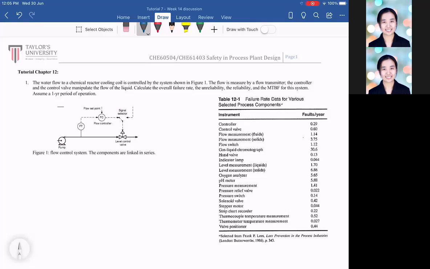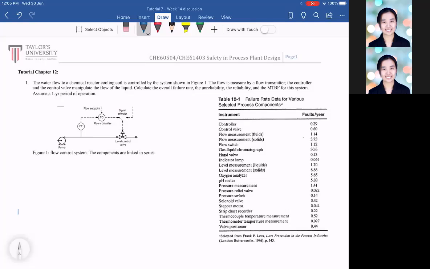Control valve, 1 over 0.6, will be every 1.6 years.